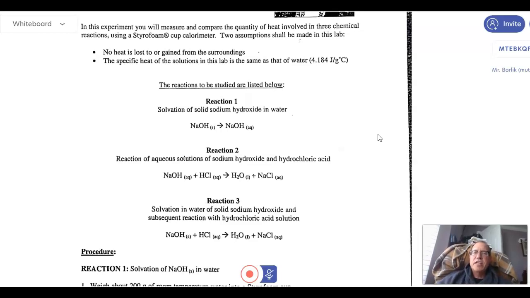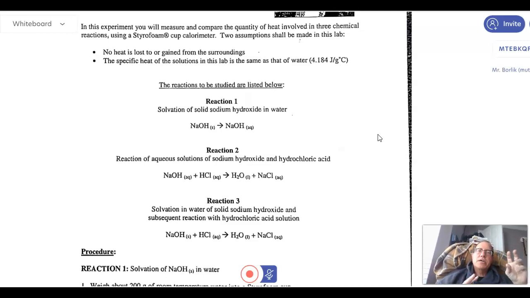Solvation is the process where water, because it has the hydrogen bonding intermolecular force, a very strong intermolecular force, breaks up a lot of substances, such as sodium hydroxide from a solid. If we were doing this lab at school, we would have little pellets of sodium hydroxide.